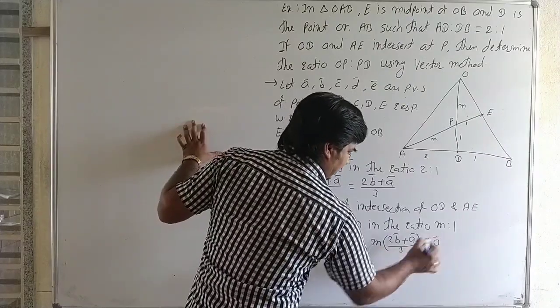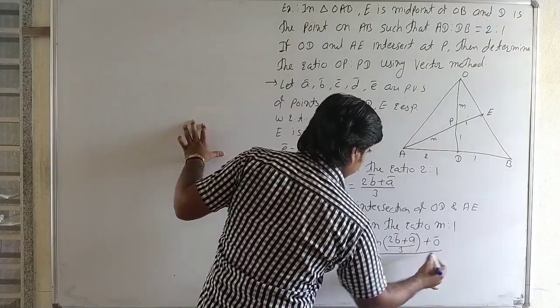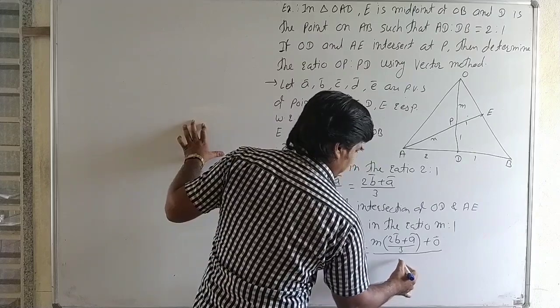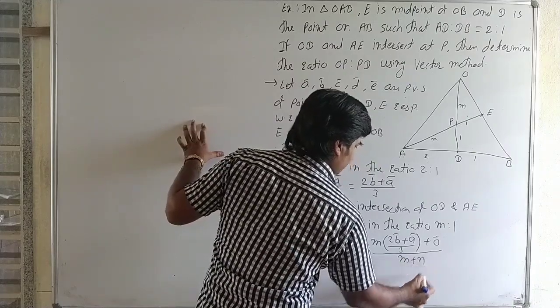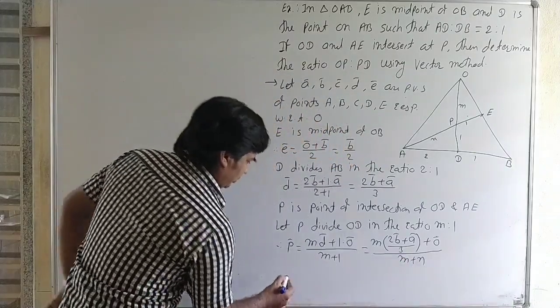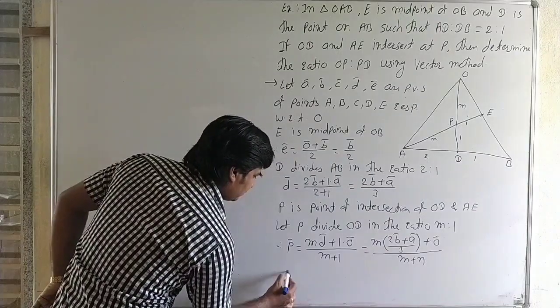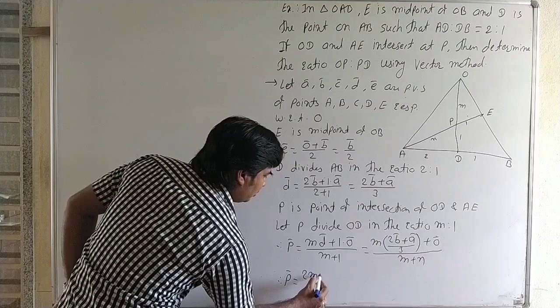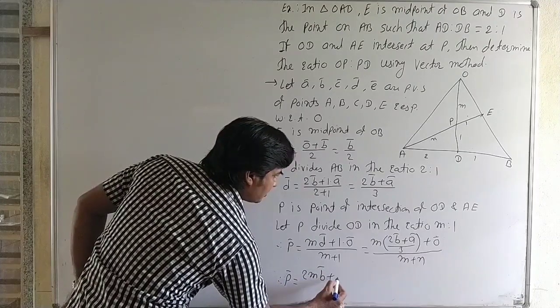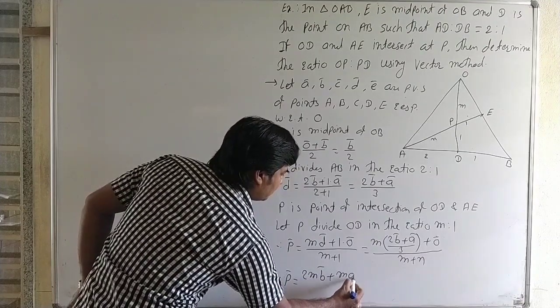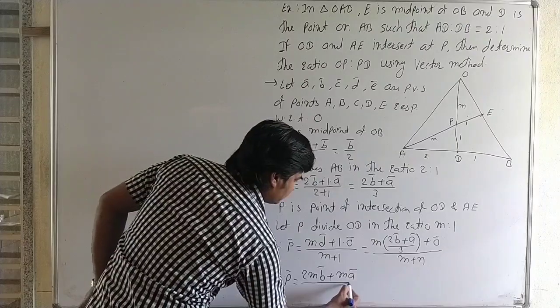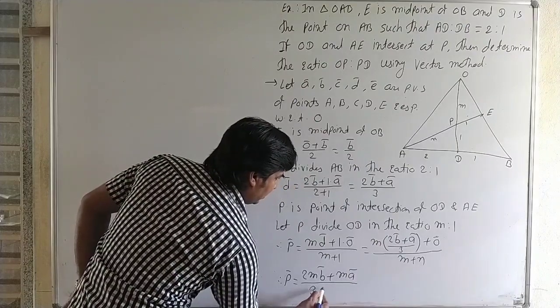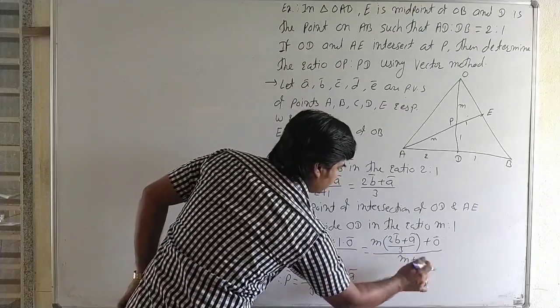Even if it is not written, it works out, and upon it is m plus 1. Therefore P bar is equal to (2m B bar plus m A bar) upon 3 into (m plus 1).